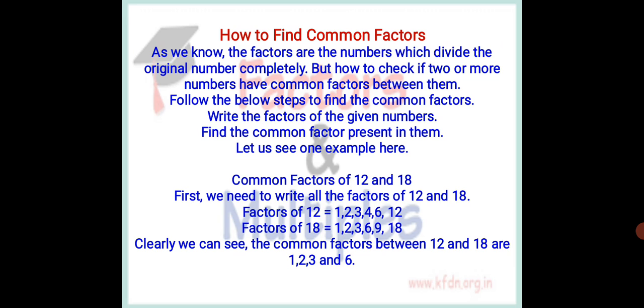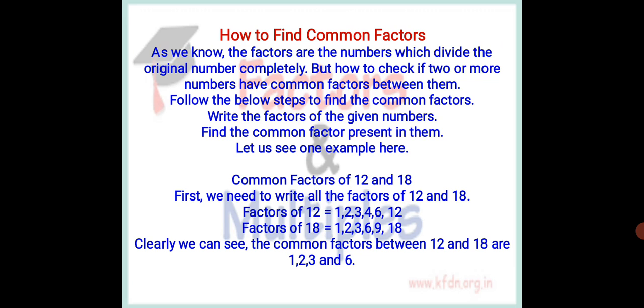Follow the steps to find the common factors. Write the factors of the given numbers. Find the common factors present in them. So first of all, we have to find the factors of the given numbers.